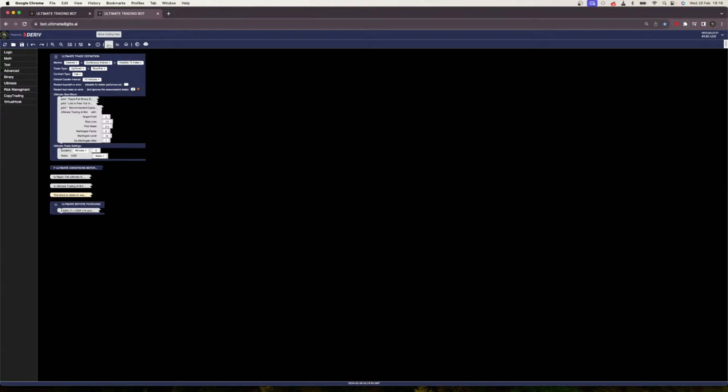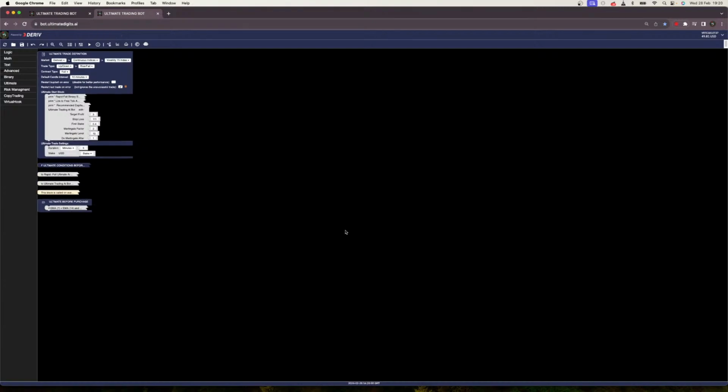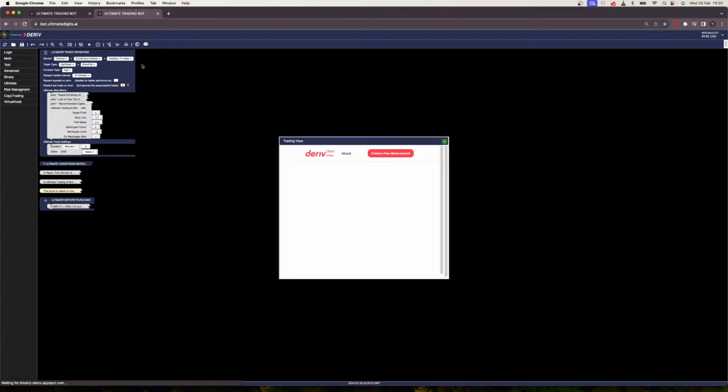I don't know why the Derive platform updated that, but you cannot stop the bot and run the bot again on the same market. So that's another update on the binary bot platform. But anyway, you can always reload the chart to solve that problem and set the bots again.